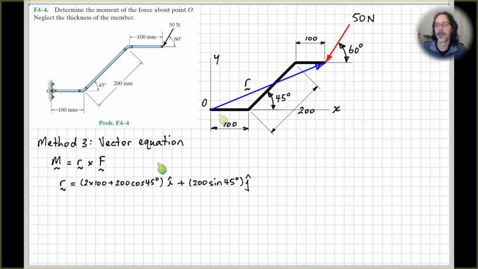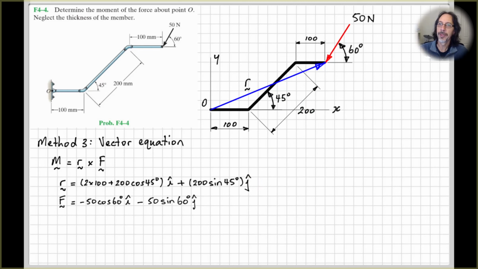This term here is the x component of the position vector r. So I just need to know how far this is going in the x direction. As we saw before, it's 2 times 100 plus 200 cos 45. And then in the vertical direction, the j direction, what's this distance here? Just 200 sine 45 that we saw before, multiplied by the unit vector j. So that's our position vector.